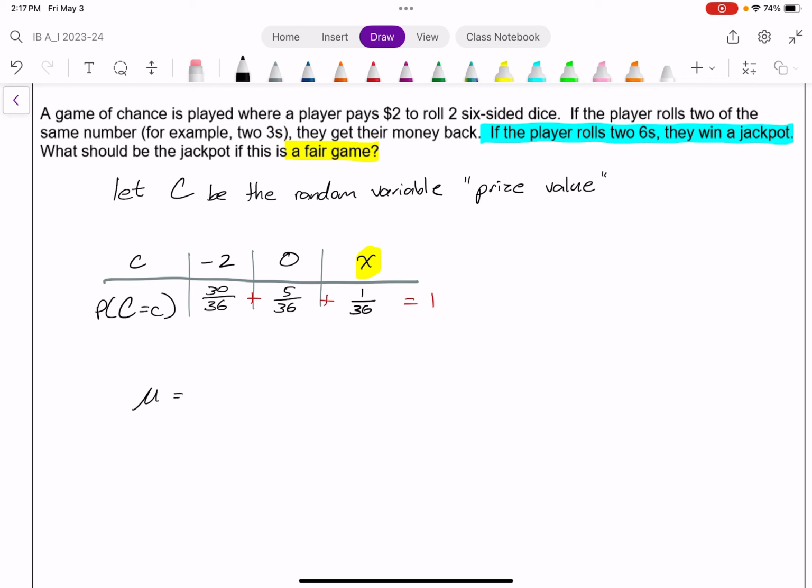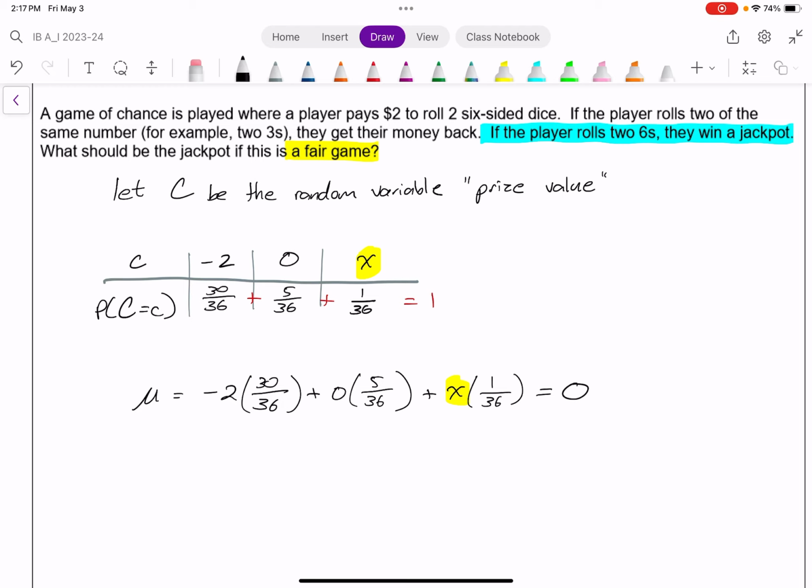So, for example, negative 2, which means you lose your money, times a 30 in 36 probability, plus breaking even, which I could kind of skip, 0 times a 5 in 36 probability. Clearly that's going to come to 0. Plus what we're trying to figure out, x times a 1 in 36 probability. And keep in mind, if it's a fair game, this always adds to 0.